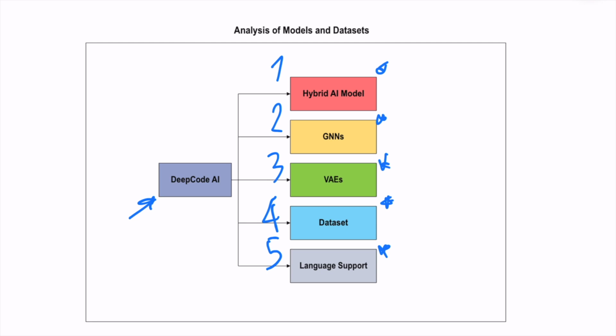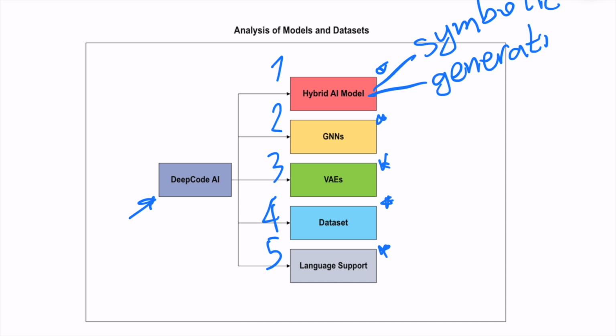It's a hybrid AI model. DeepCode AI employs a combination of symbolic AI and generative AI. So here we have two. First is symbolic, and second is generative. The symbolic AI uses predefined rules to identify known vulnerabilities and code patterns.